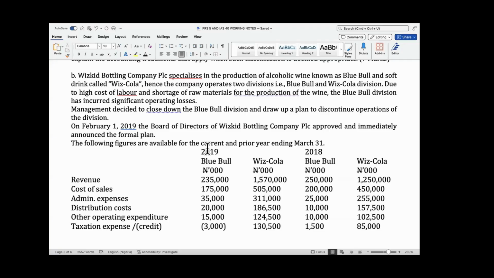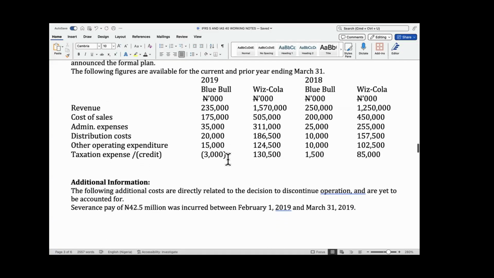Due to high cost of labor and shortage of raw material for production of the wine, the Blue Bull division has incurred significant operating losses.